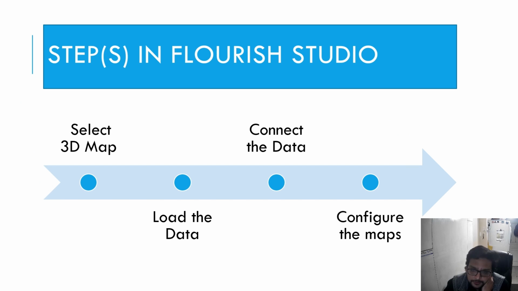Flourish Studio is basically a visualization software, and it's very comprehensive for making graphs, charts, maps of all kinds. It's really elaborate, really well documented, and really intuitive to pick up.